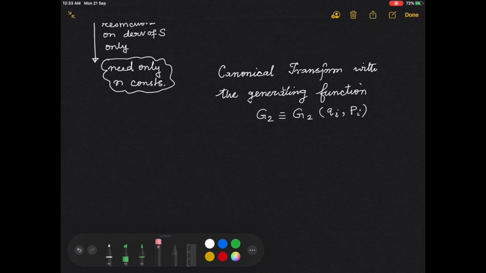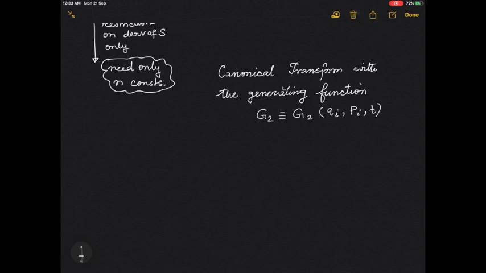So this type of generating function, and if I have this, okay, so that is not all. I also today consider that it's a function of time. Okay. And what will I get then?